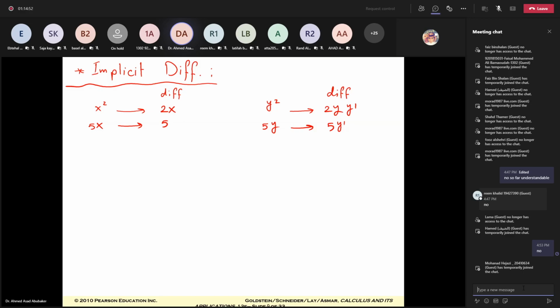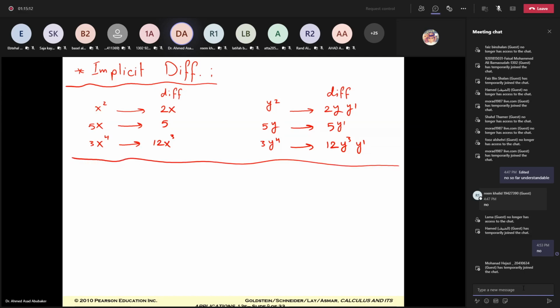Also, if we have 3x to the power 4, this equals 12x to the power 3. In y, this equals 12y to the power 3, but must be multiplied by y prime.